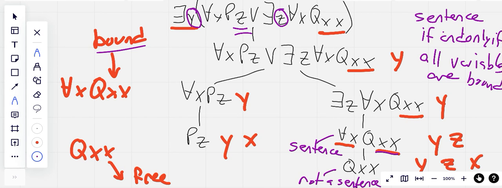Continuing up here, this formula. We have this z, but this z is setting up the binding for the variables, and it never actually appears in it. So everywhere that the z does appear, it is bound, because it doesn't appear in this formula outside of the quantifier that introduces it. So this is a sentence.